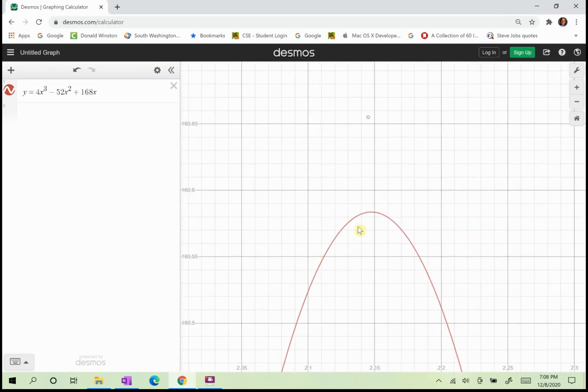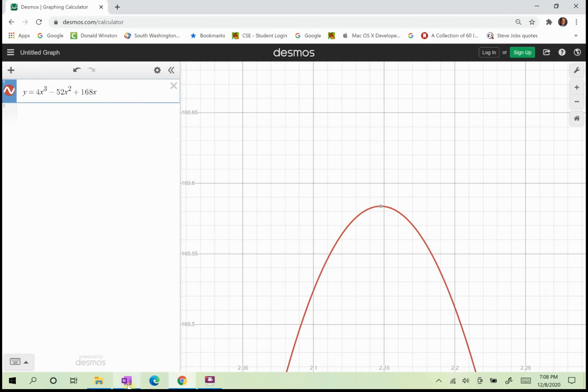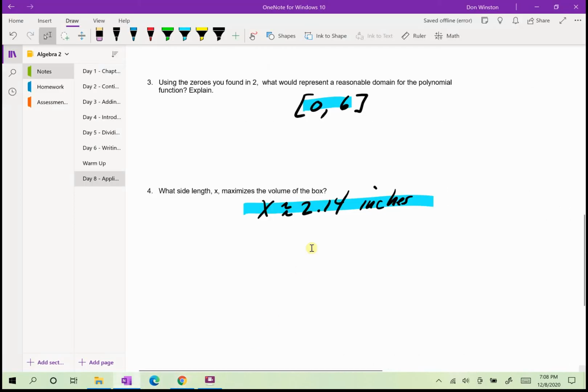So when x is about 2.15 inches, I'll get a maximum value of 160.58 cubic inches, and that will represent maximum volume. So at 2.14 inches, we'll maximize the volume.